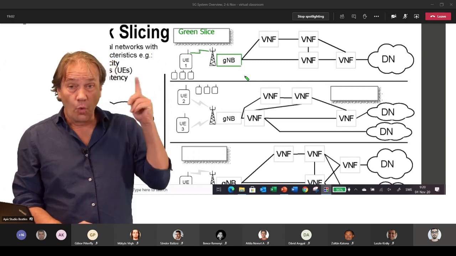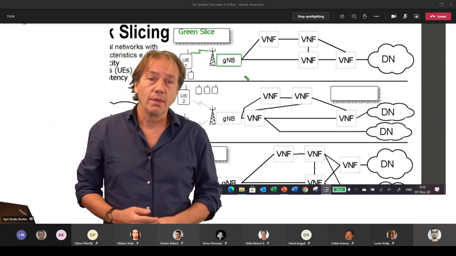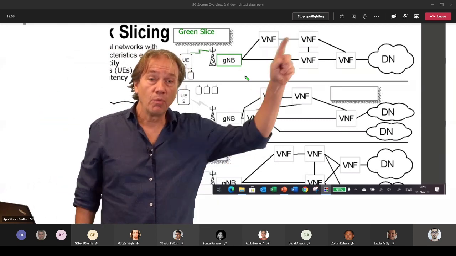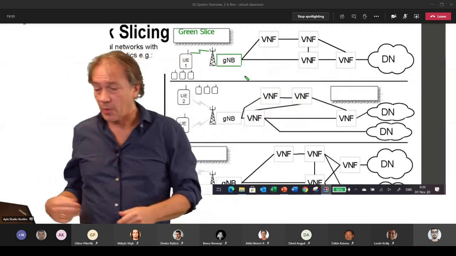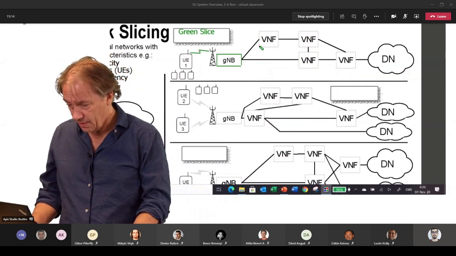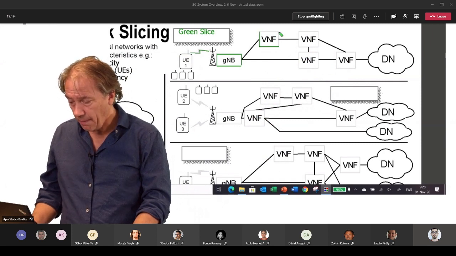And we had 4 green boxes over here. So we have 1, 2, 3, 4 green boxes here. So let's do some coloring.